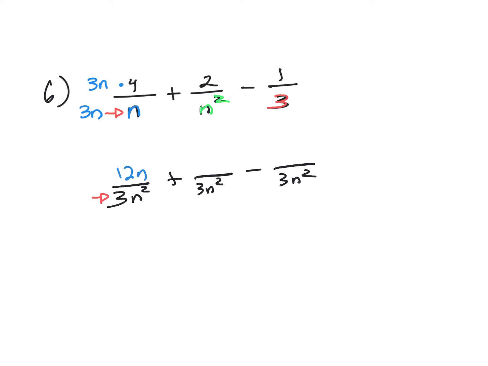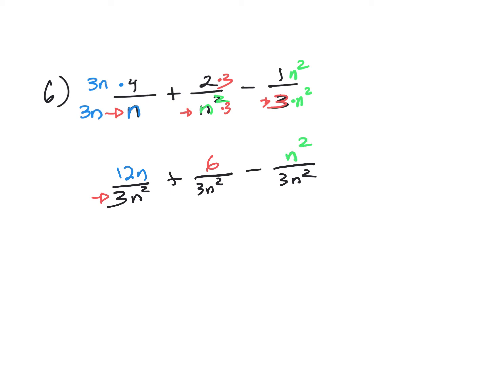Then if you look at this denominator, wouldn't I have to multiply by just a 3? So therefore, I have to multiply its numerator by 3, which would give me 6. And then looking at this denominator, what would I have to multiply to get 3n squared? Wouldn't I have to multiply just by n squared? So I multiply its numerator by n squared.